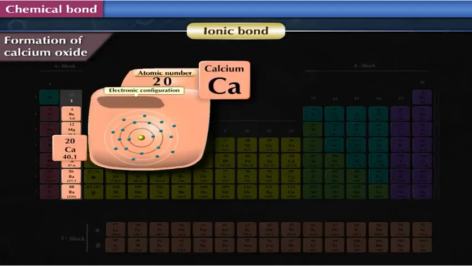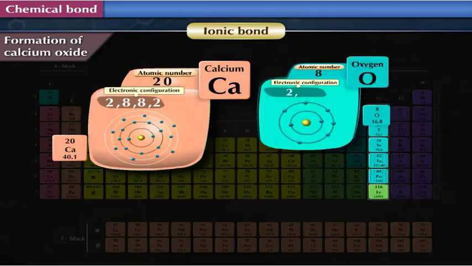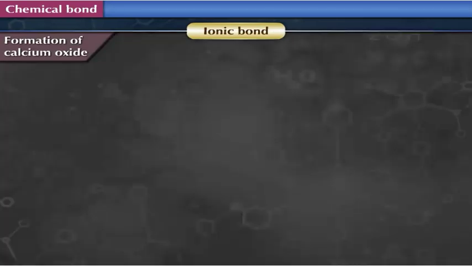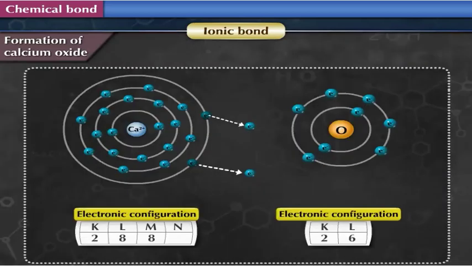The electronic configuration of calcium is 2, 8, 8, 2 and that of oxygen is 2, 6. Calcium loses 2 electrons from its outermost shell to form a calcium ion. These electrons are accepted by oxygen atom to form an oxide ion.